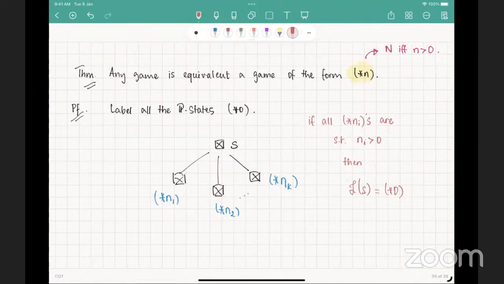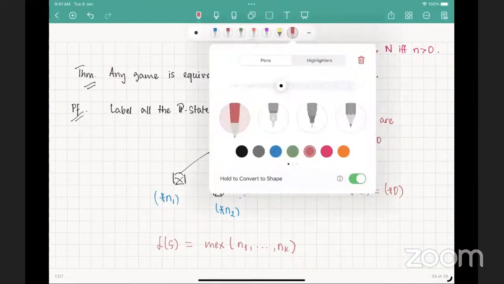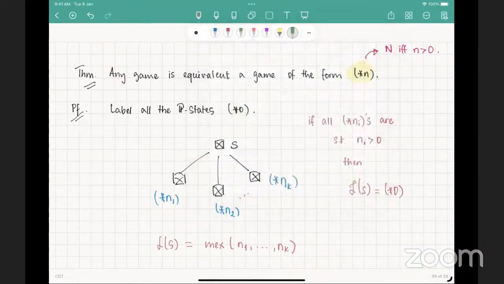So in fact, here's a formula that will capture everything, including the 0 non-zero case. The label for S, I propose, should be the max of the numbers N1 through NK. And if you remember from yesterday, this is the minimum excludant.